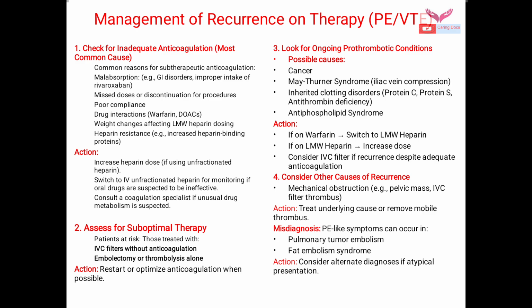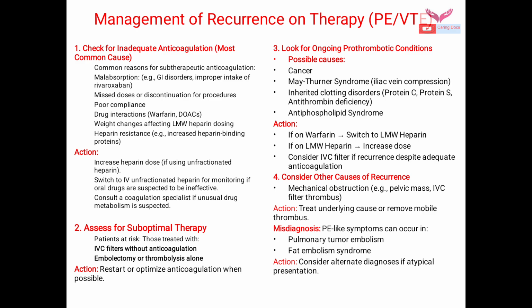Common reasons for subtherapeutic anticoagulation are malabsorption, for example, GI disorder, improper intake of rivaroxaban, missed doses or discontinuation of procedure, poor compliance, drug interaction with warfarin or DOAC, weight changes affecting low molecular weight heparin dosing, and heparin resistance, for example, increased heparin binding proteins.